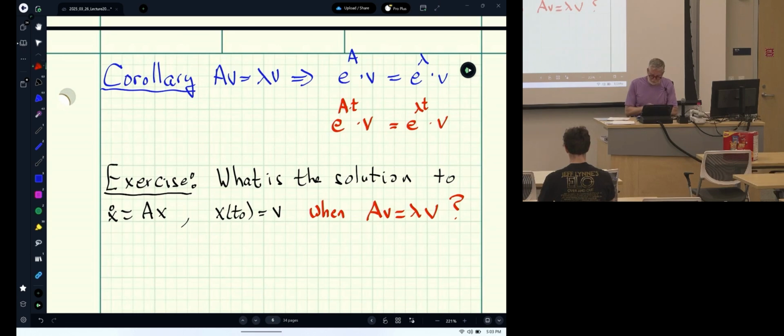I'm going to try to put everything together. So what is the solution to x dot equals Ax when the initial condition is an eigenvector of A?